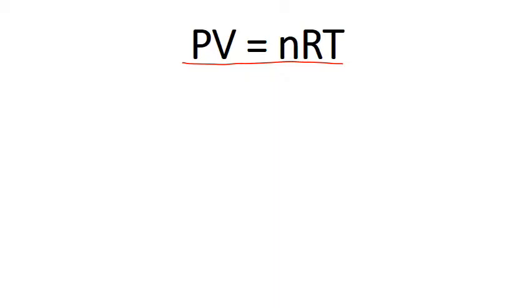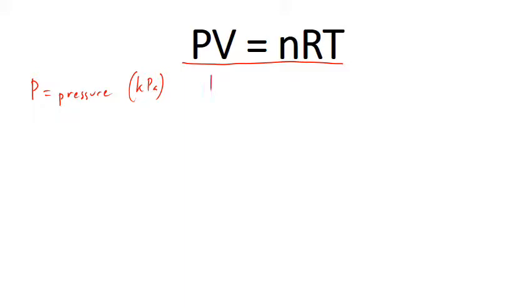But if you're going to use PV equals nRT, you must remember P is equal to pressure, obviously, but it must be expressed in kilopascals. If it's expressed in atmospheres or millimeters of mercury or pascals itself, this equation doesn't work, okay? Has to be expressed in kilopascals.